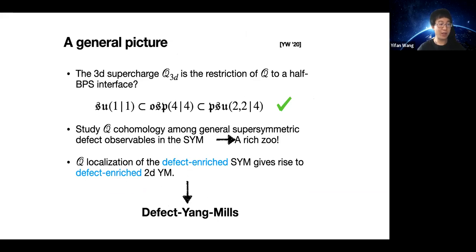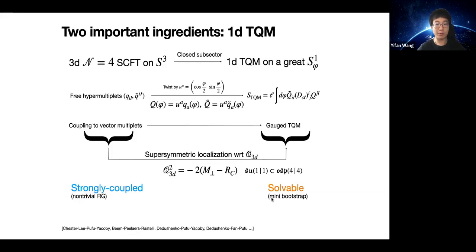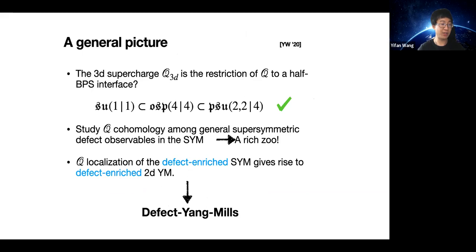Indeed, the OSp(4|4) algebra, which is the superconformal algebra of 3D N=4 theory, is naturally the superconformal algebra on the half-BPS interface in the 4D N=4 super Yang-Mills. In particular, the subalgebra is embedded as follows, and it's consistent with the identification between the 3D supercharge and the 4D supercharge, which generate isomorphic SU(1|1) subalgebras.